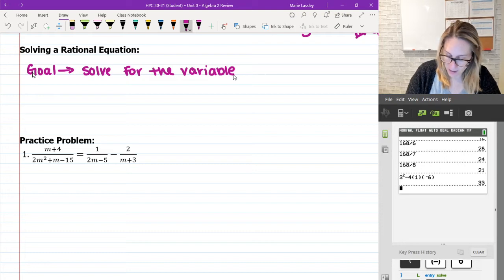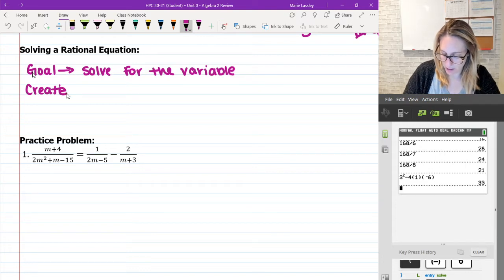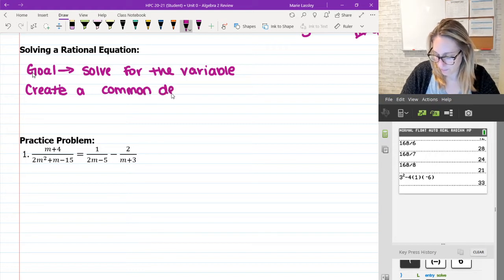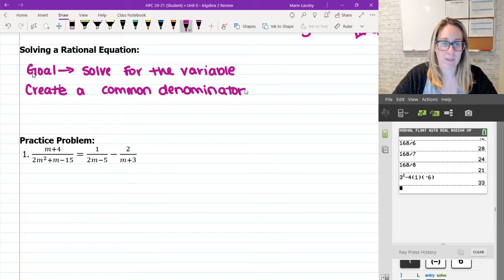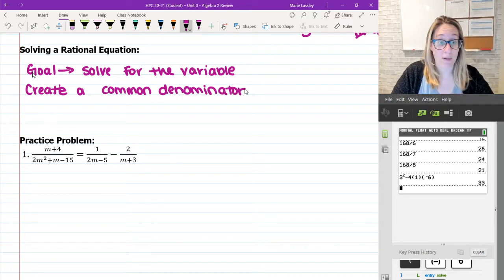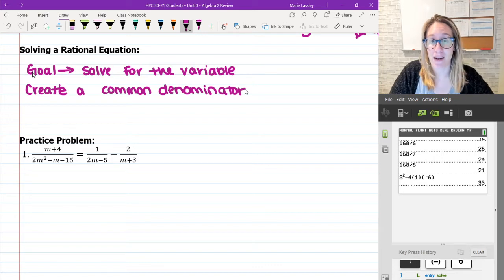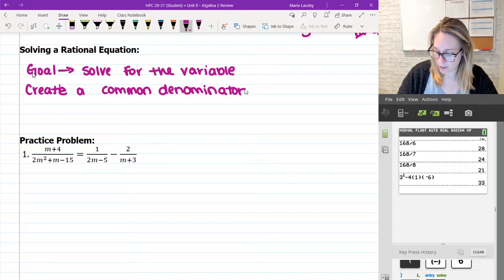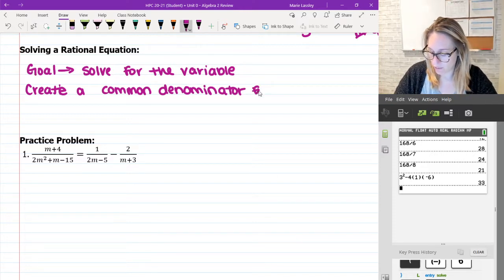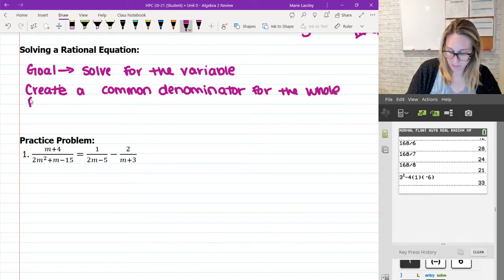We're going to do that by creating a common denominator, and this is with the whole problem. So we're not just creating a common denominator on the left or the right side of the equal sign. We're creating a common denominator for the whole problem.